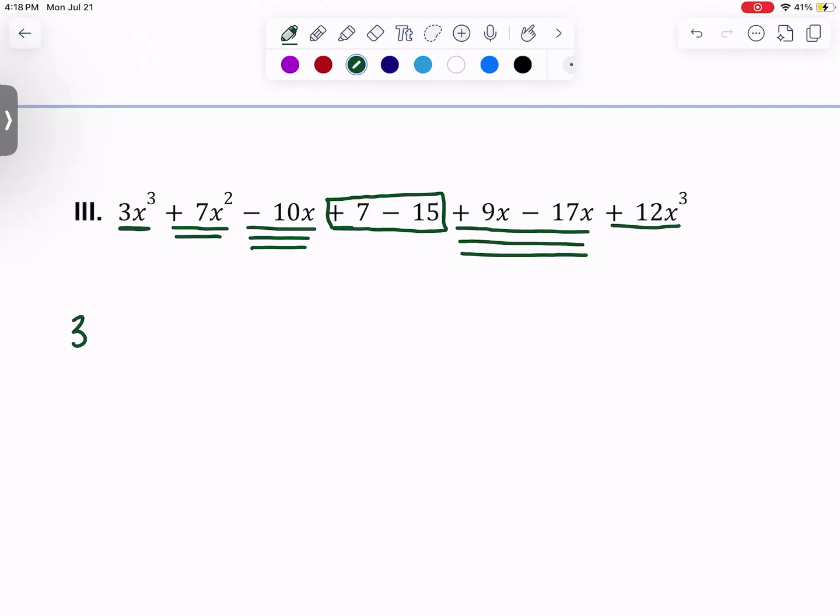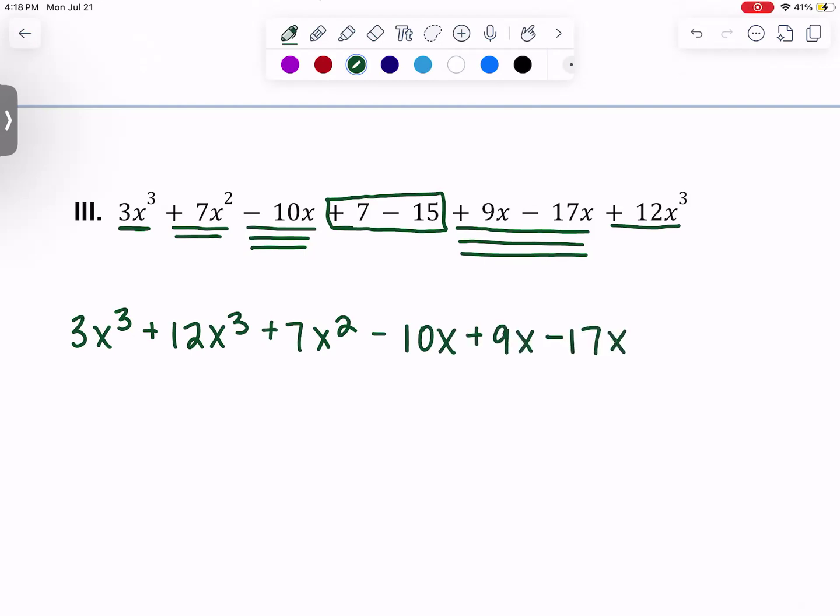So we can write this together with like terms next to each other. 3x cubed plus 12x cubed plus 7x squared minus 10x plus 9x minus 17x, and then plus 7 minus 15. Underline that once, twice, 3 times.